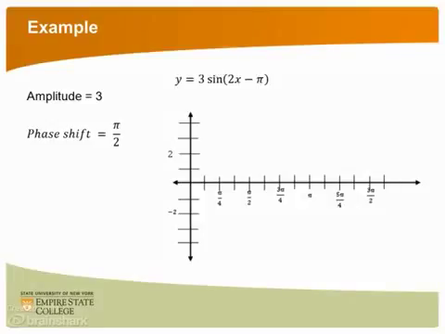So our phase shift is pi divided by 2 to the right. The period is 2 pi divided by the 2 that is the coefficient of the x. When simplified, our period is pi. To find the increment for our critical x values, we divide the period by 4. Our x values will be incremented by pi divided by 4.